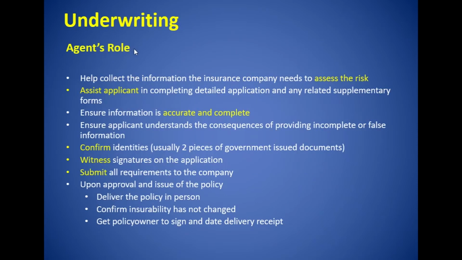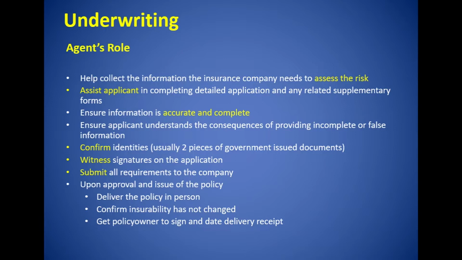What's the role of the agent in this underwriting process? Now, if you're the advisor, the agent, you have done your preliminary work with the client, you've got to know the client, you've gathered the information, you've determined the risks that they are facing, and you have got to the point where the client's decided to go ahead with the purchase of an insurance policy.